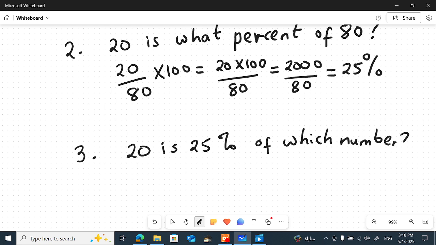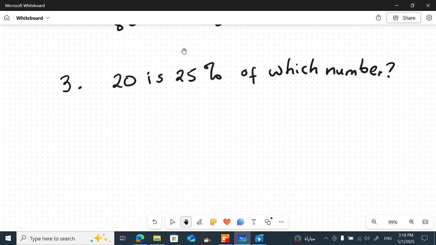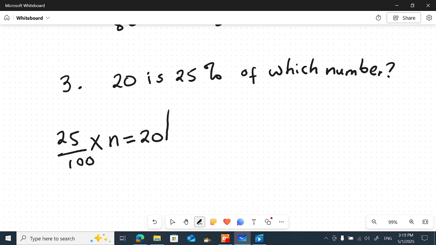Here the calculation is a bit different because you're supposed to find the unknown, but it is easy. You'll say 25% of n gives you 20, where of means times in mathematics and n is the unknown.